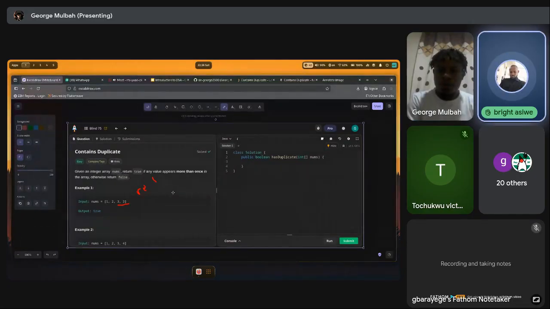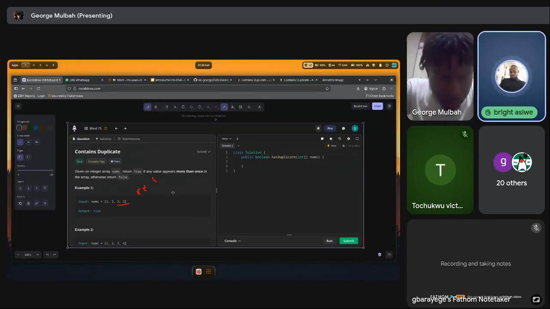Right, thank you, George. So my question now, based on this approach of using sets to track, is: what if this number list is sorted?